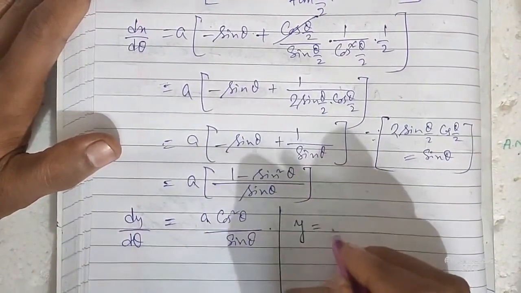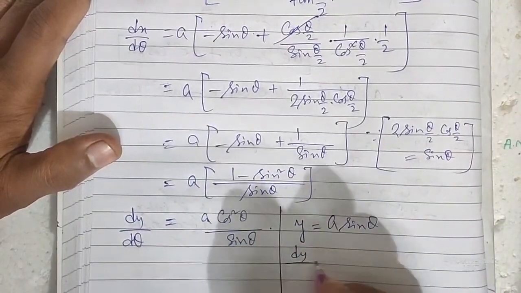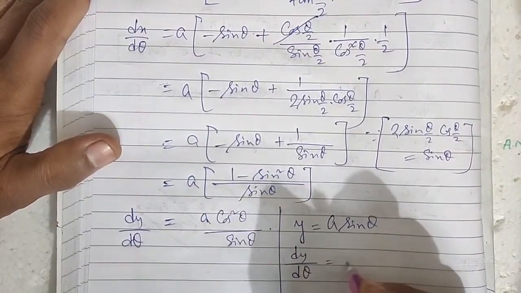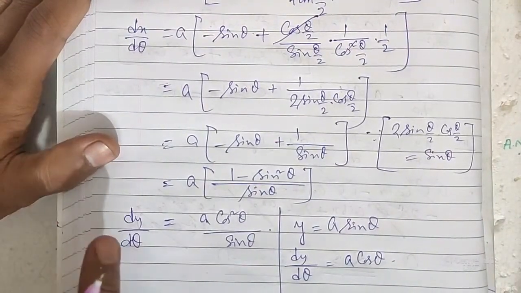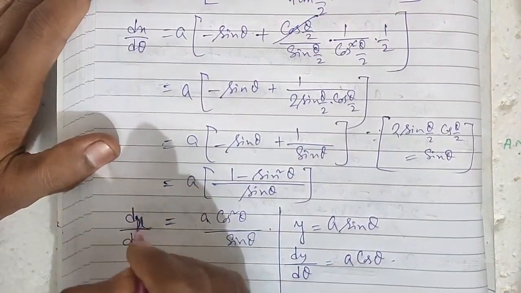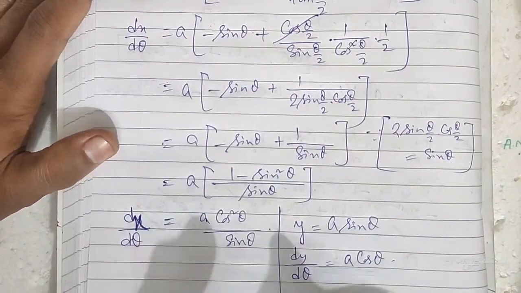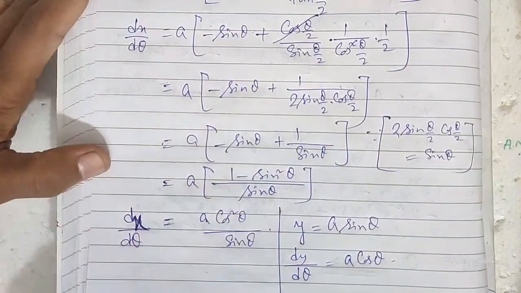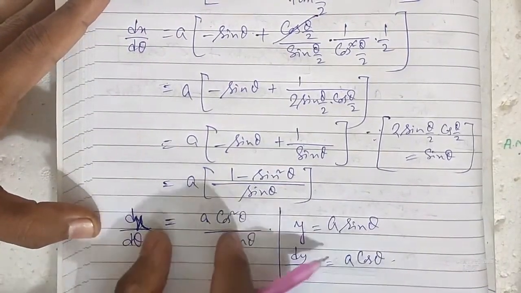Next, y is given as a sin theta. So what will be the value of dy by d theta? a cos theta. We have dx by d theta and dy by d theta, but we have to find dy by dx. So dy by dx equals this divided by this.